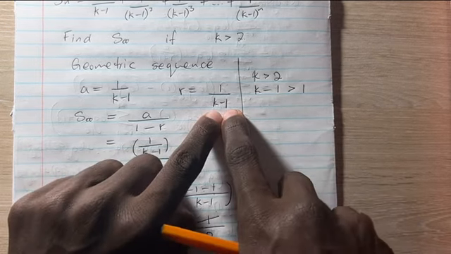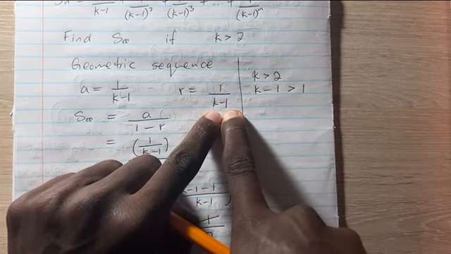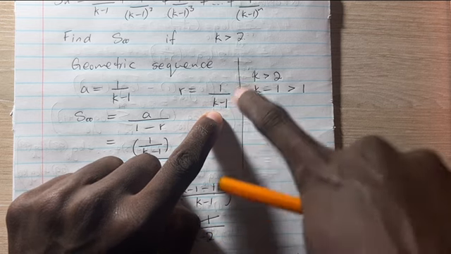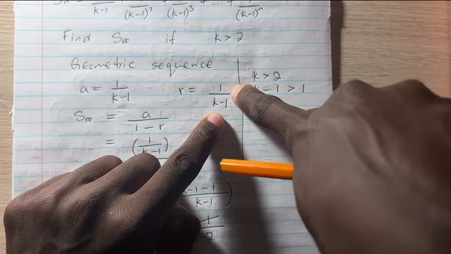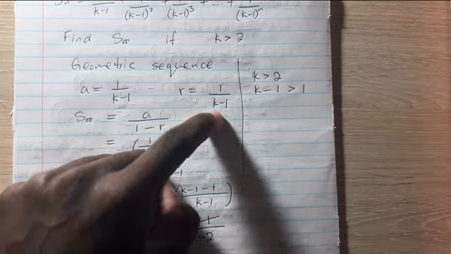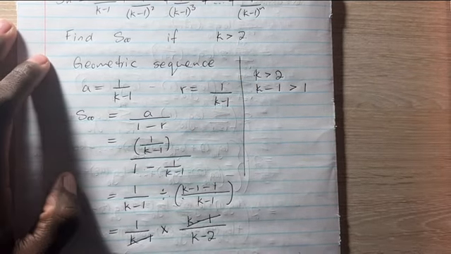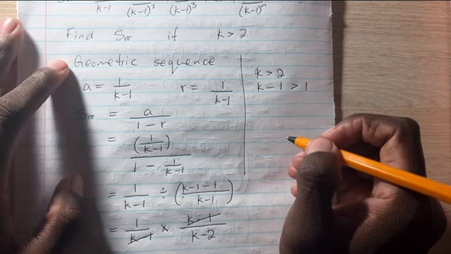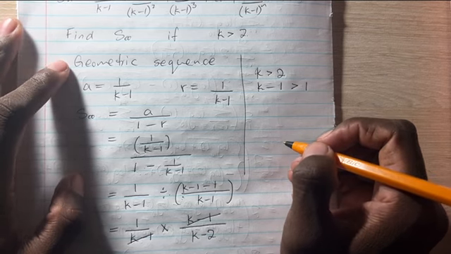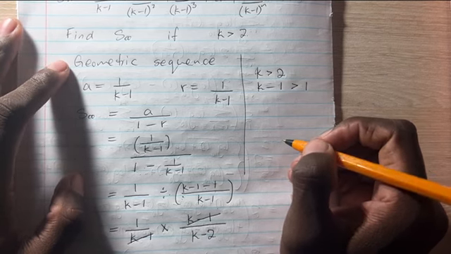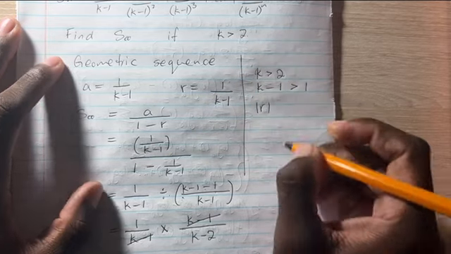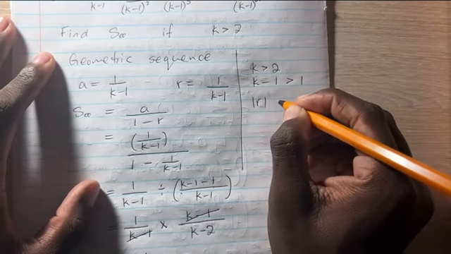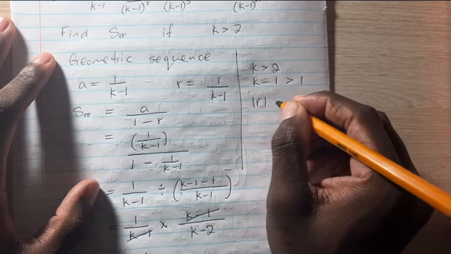So the denominator here is larger than 1, larger than the numerator. If the denominator is larger than the numerator, that makes it a proper fraction. And if it's a proper fraction, that means the absolute value of r is less than 1.